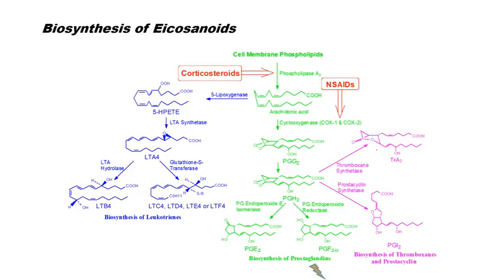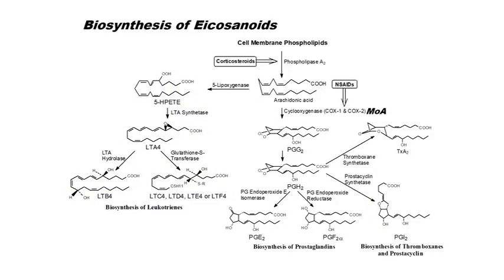So arachidonic acid, instead of being used to synthesize prostaglandins, will accumulate, and the only way it finds is to be processed by lipoxygenase to produce a large amount of leukotrienes.